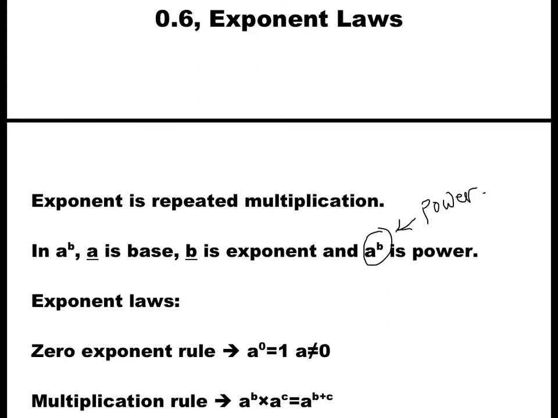Any other number, exponent 0, is going to give you 1. This means that 10 exponent 0, negative 10,000 exponent 0, and A exponent 0, all of them give you 1, no matter what. That's rule number 1.